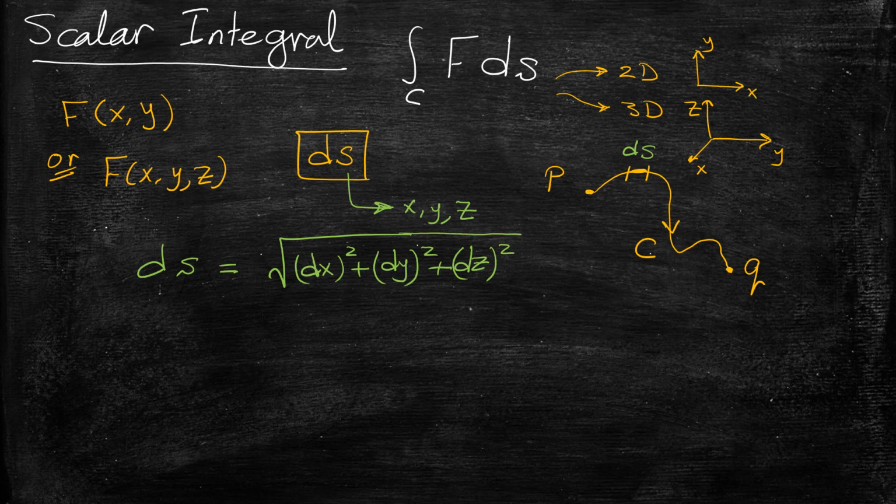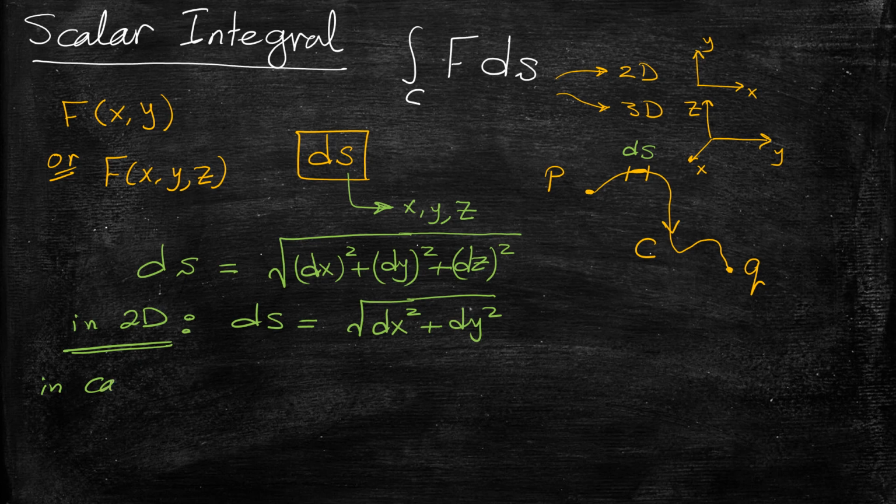So the length of any vector in space is the square root of the squares of each one of its components x, y, z. If we are just speaking in 2D, then ds will be nothing but the square root of dx squared plus dy squared.